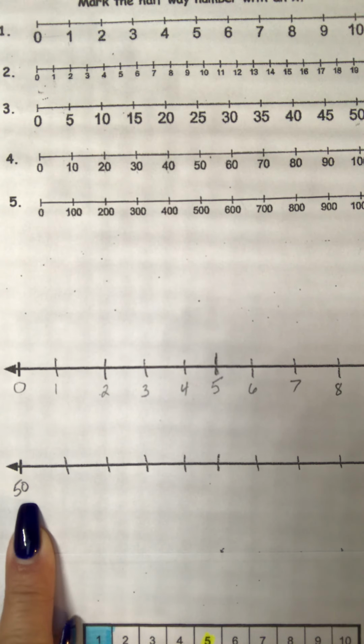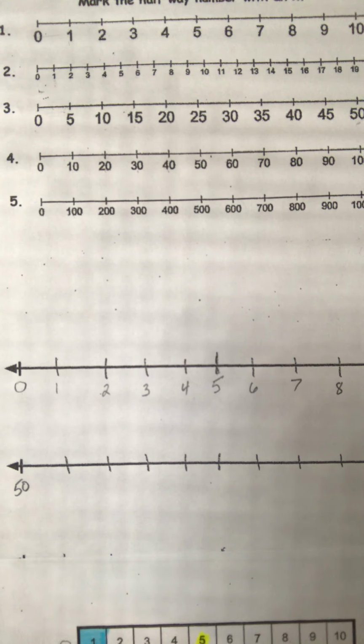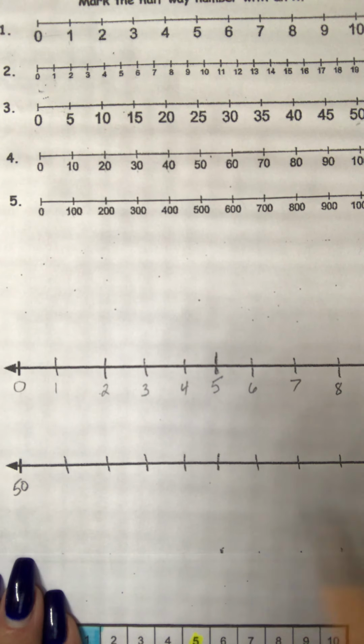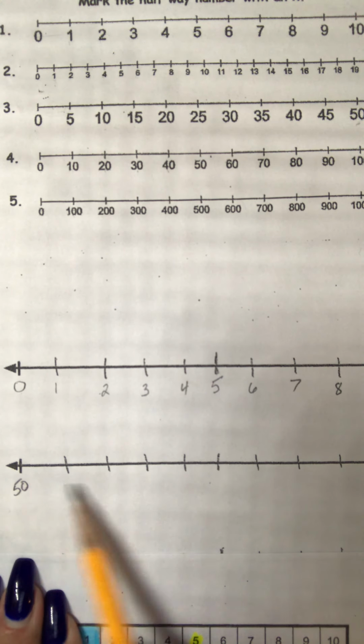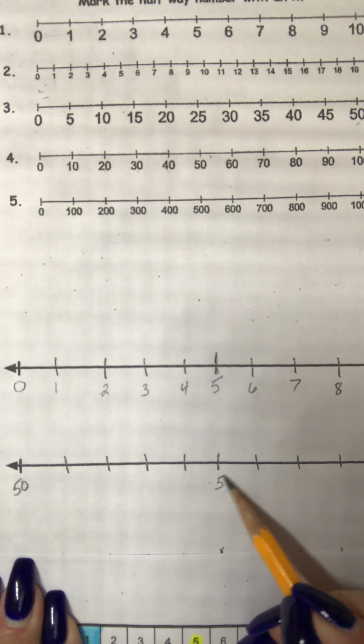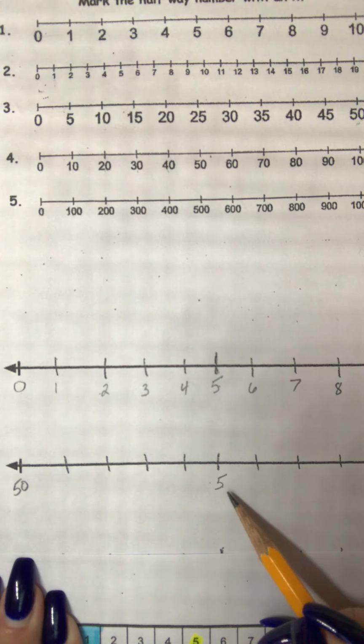So what is halfway between 50 and 60? Well, there's only 10 from 50 to 60. 60 take away 50 is 10. So I know that the difference here is 10. And what's half of 10? Half of 10 is 5. But it's not 5 like this 5.